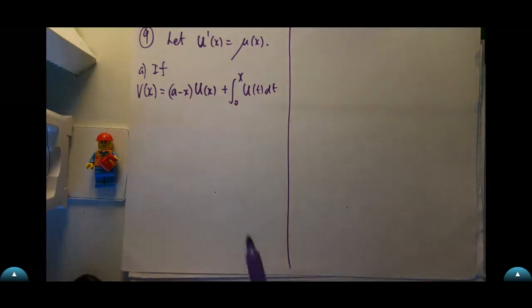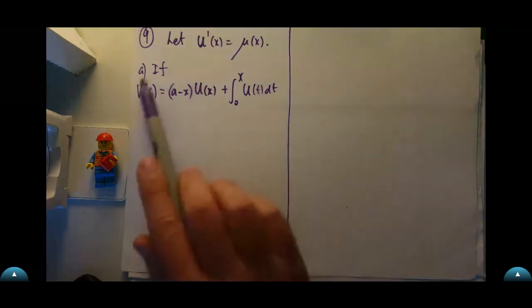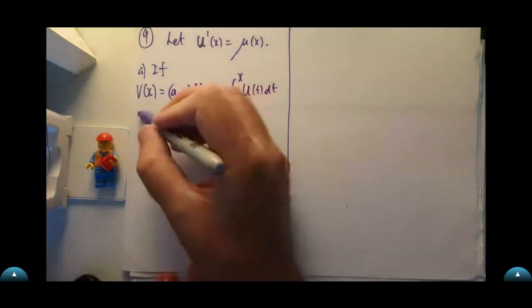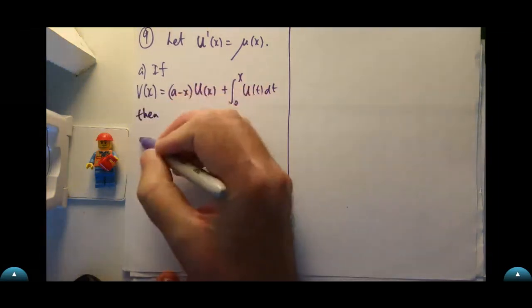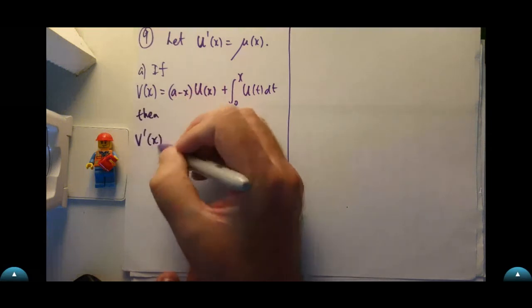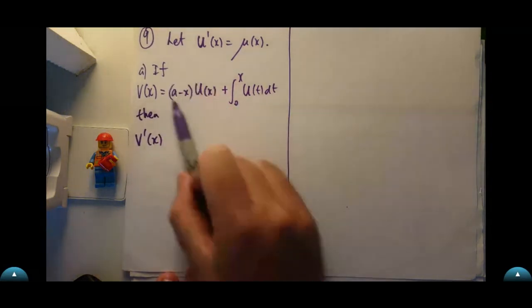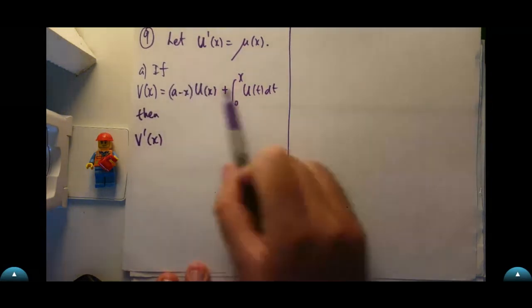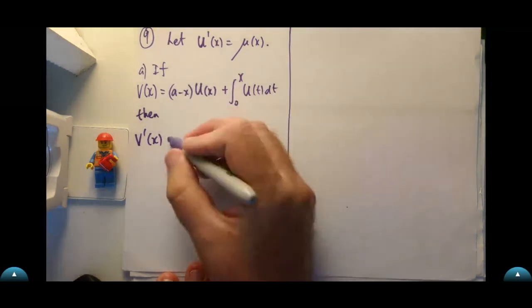Well, let's use the FTC, fundamental theorem of calculus. Then the derivative is the derivative of this plus the derivative of this.